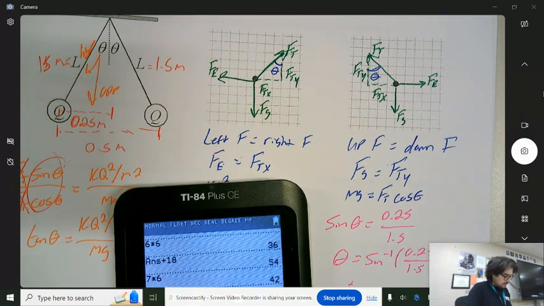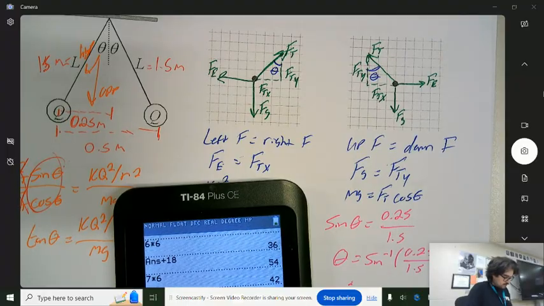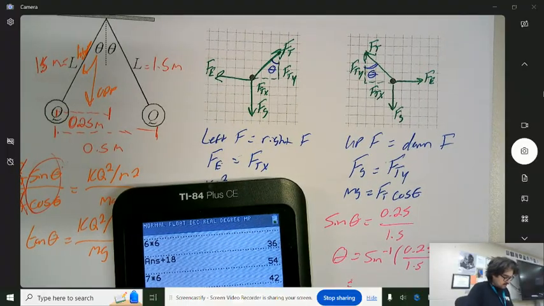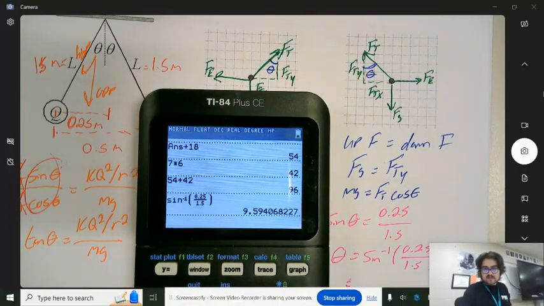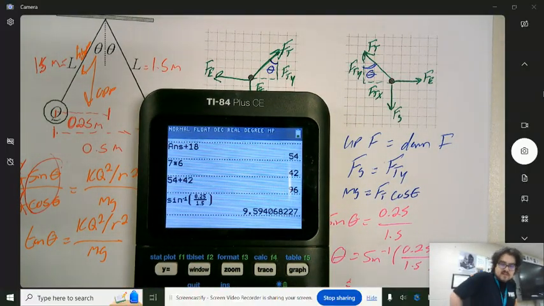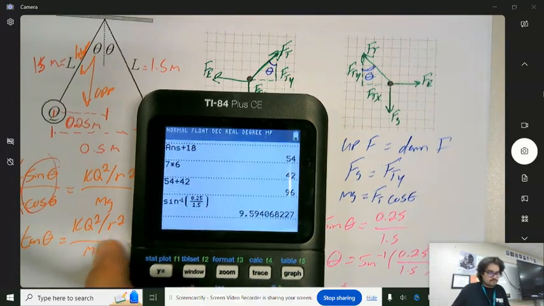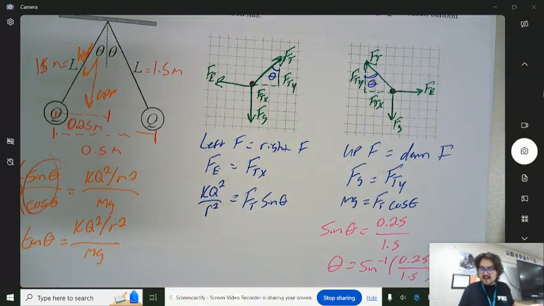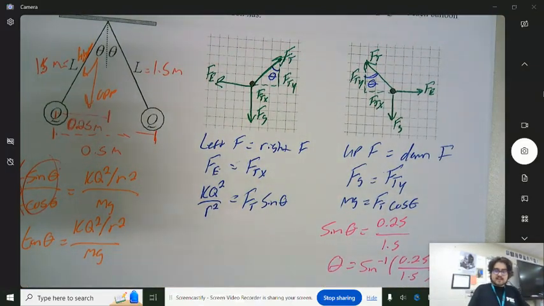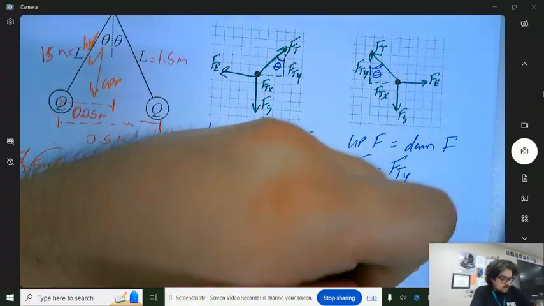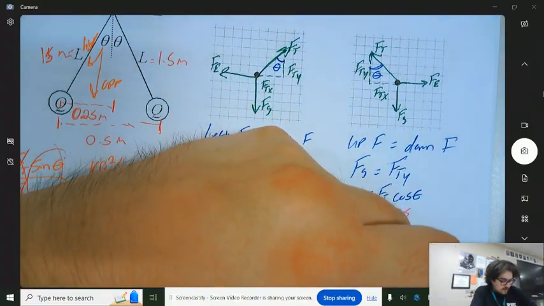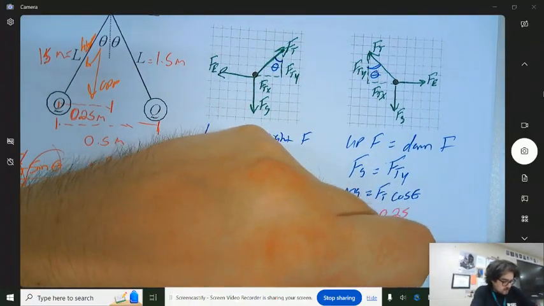There we go. 0.25 over 1.5, and you should get about 9.6. About 9.6 is fine. I think when I did it, I got a slightly different angle. It might have just been how I calculated it. But you should get about 9.6. So theta should be equal to about 9.6 degrees.